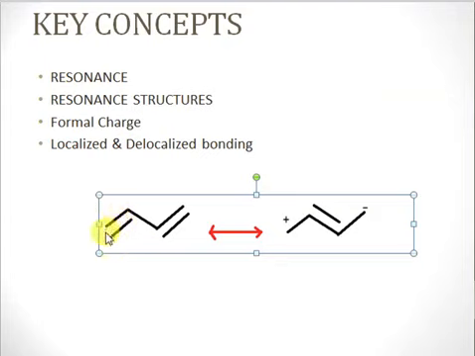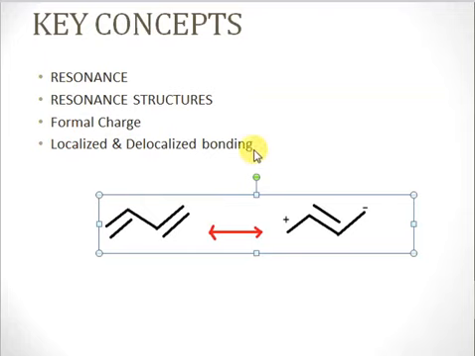In the first structure we have double bonds between carbon 1, 2 and carbon 3, 4, and in another structure we say there is also a double bond between carbon 2 and carbon 3. Neither of these is the actual real structure, but both are useful to explain the structure of actual butadiene, which cannot be represented here, because representing it would violate the rules of valency.